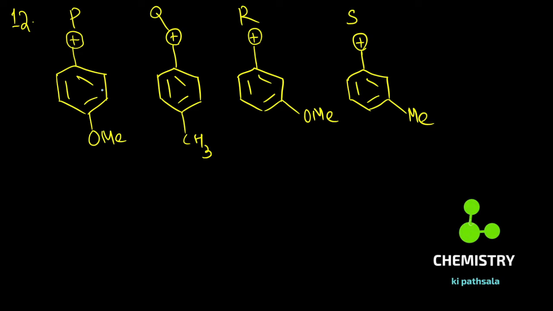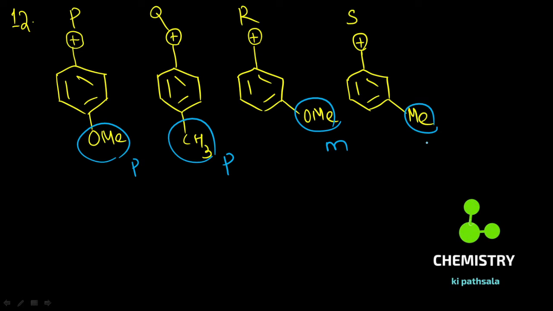Now, this is at the para position, this is at the para position, this is the meta position, this is the meta position, and we already discussed this question. So you know very well that there is a possibility of formation of carbocation at the para position. So you can easily determine this is OMe, right?